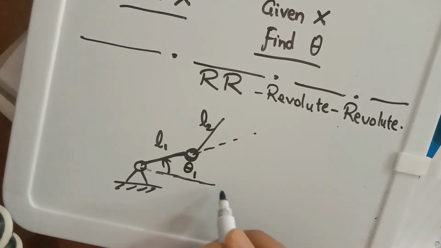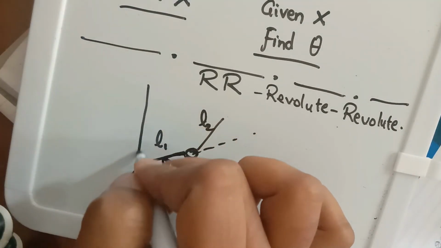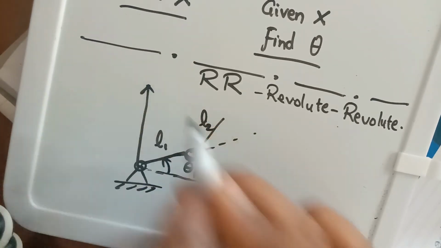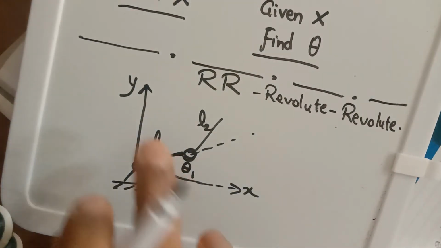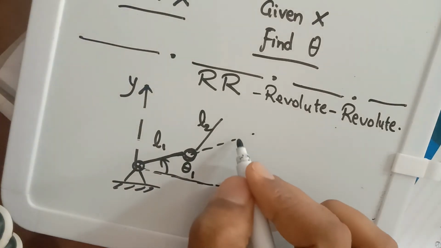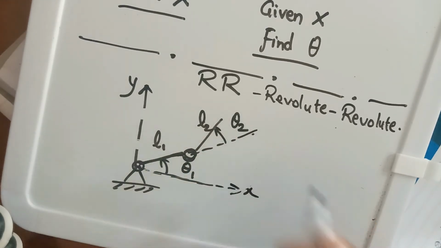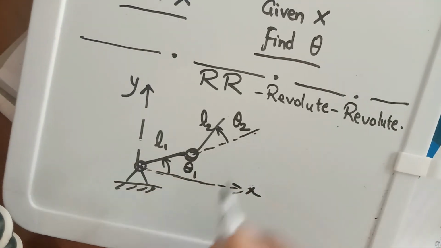Let us also choose a coordinate frame here, x and y, centered at the first joint, right? And the second link makes an angle theta 2 with the direction of the first link, right? So this is the system that we are going to study.